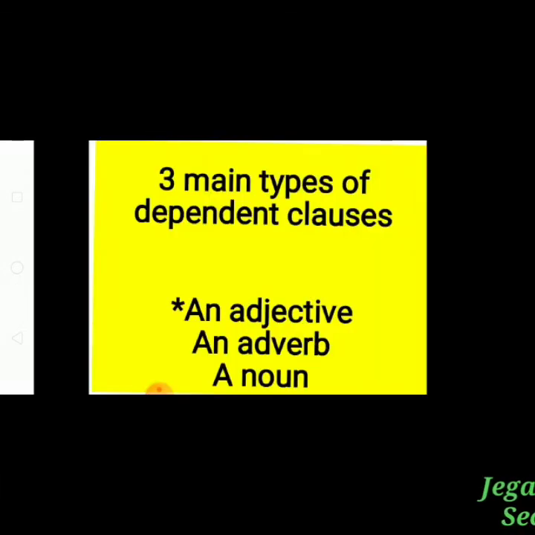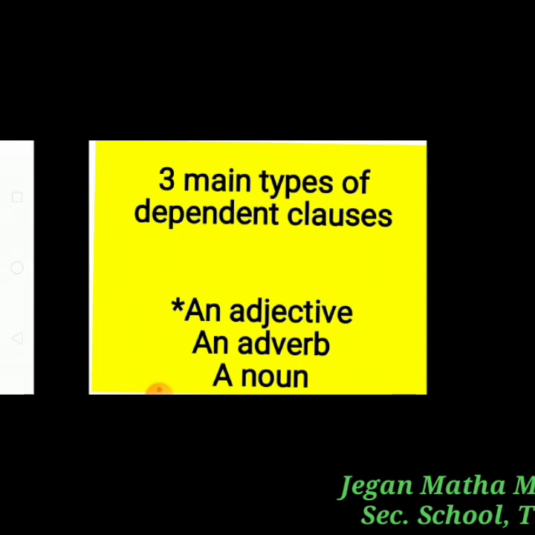So, there are three main types of dependent clauses. What are they? An adjective clause, an adverb clause, and a noun clause. An adjective clause describes or gives more information about a noun. Example, the book that I left on the bus belongs to Mr. Bhaskar.